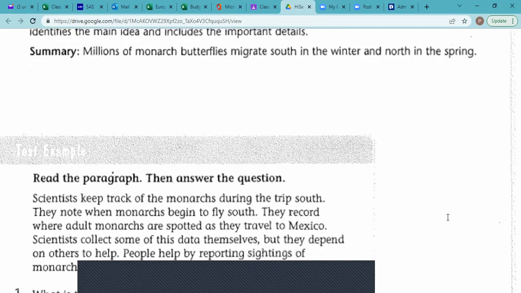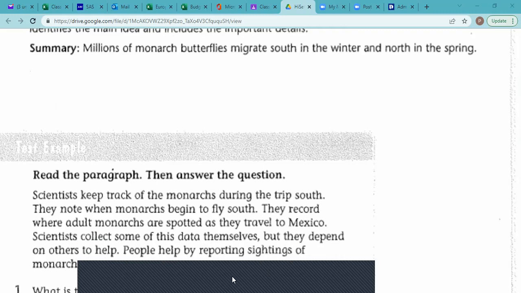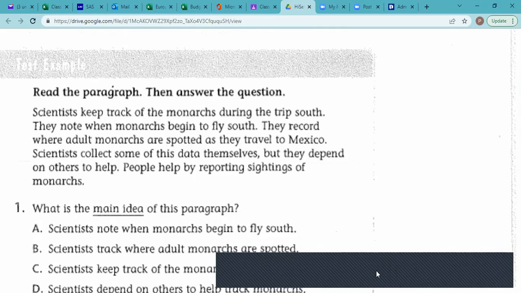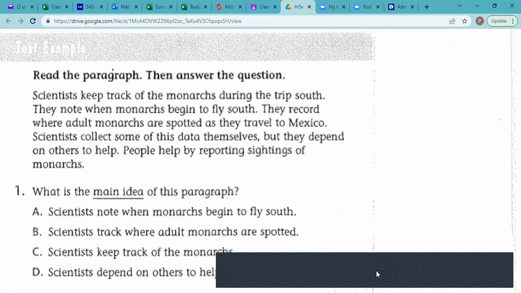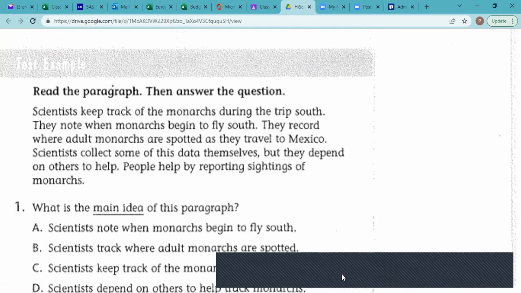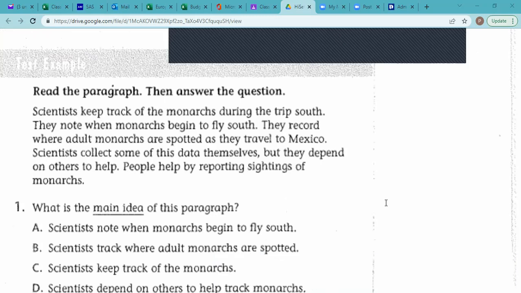Okay, so we're going to take a look at this paragraph below here. All right, I'll lift this up here. It says in the paragraph, scientists keep track of the monarchs during the trip south. They note when monarchs begin to fly south, they record where adult monarchs are spotted as they travel to Mexico.